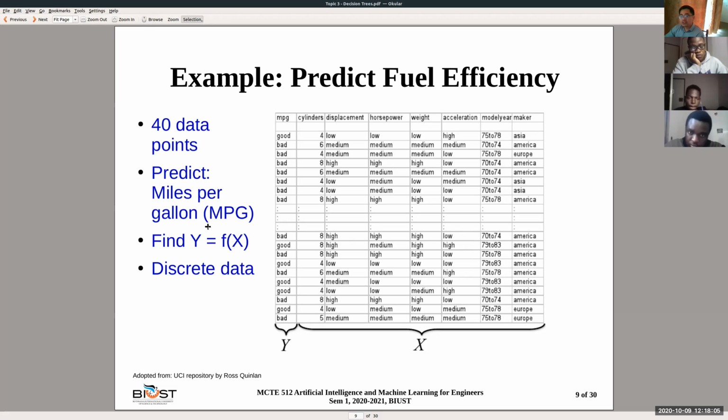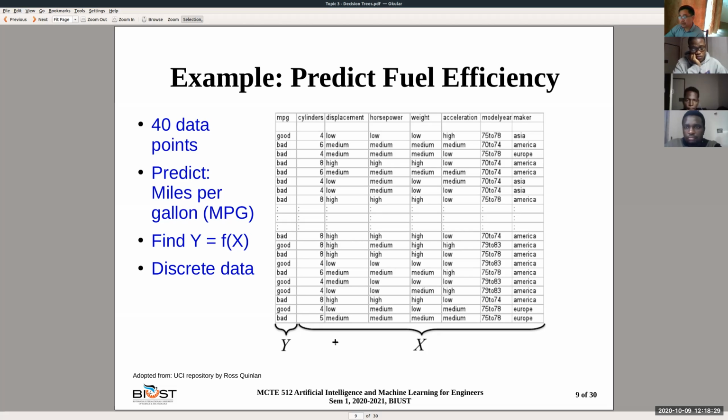Given the parameters of the vehicle: how many cylinders it has, the engine displacement, the horsepower of the engine, the weight of the vehicle, acceleration, the year of the model that it was released, and the maker.